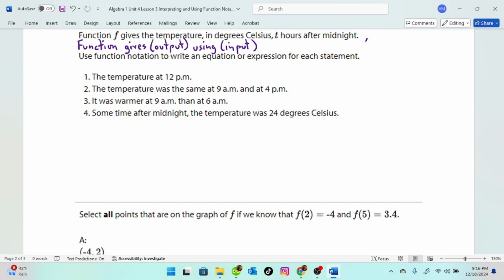So here, my output is temperature. And my input is hours after midnight.